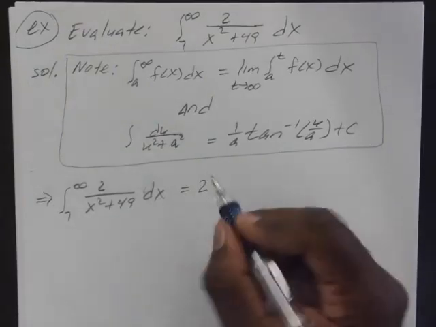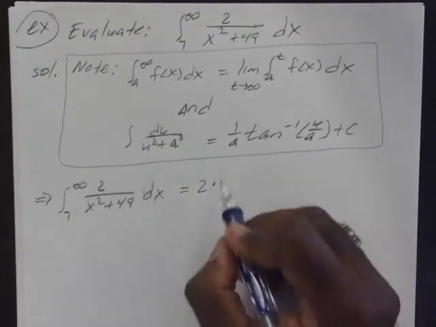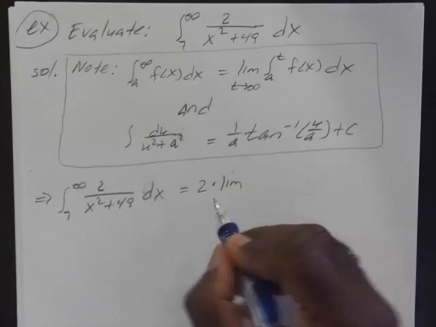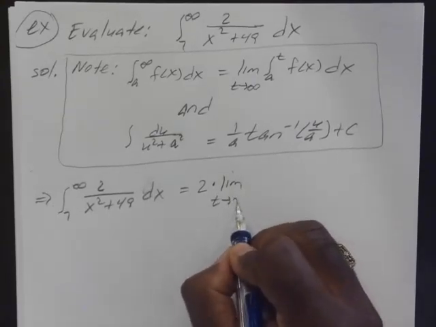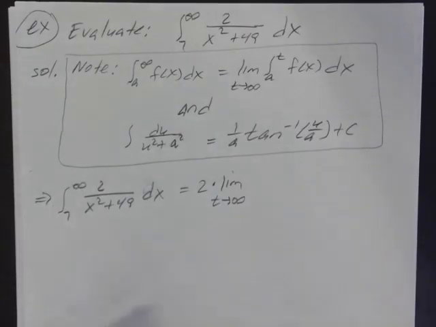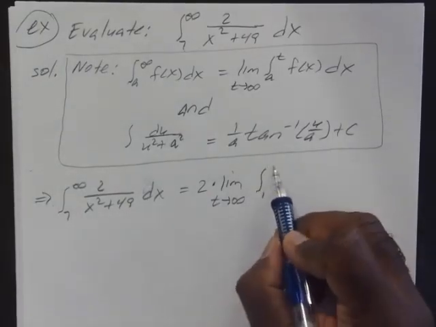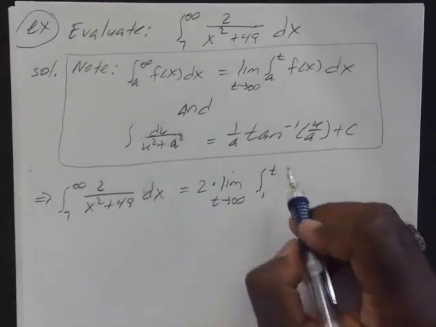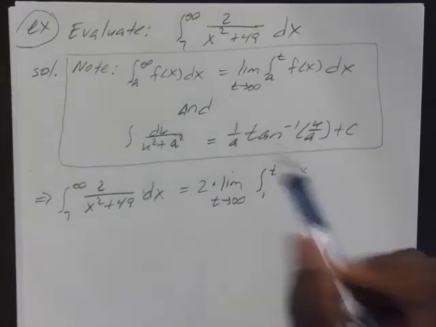So 2, and this integral, we can rewrite that as the limit as t approaches infinity of the integral from 7 to t of dx.